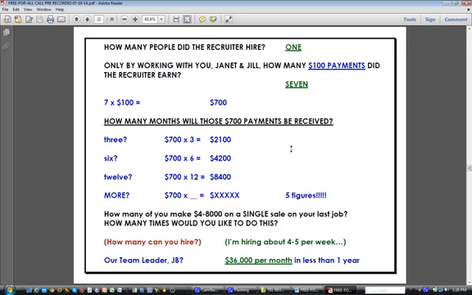Now remember, this was all based on me hiring one. I can prove to you that I am currently on a pace where I am hiring 4 to 5 people every week. And our team leader, JB, this is the only time we get pie in the sky in these calls. Our team leader, JB, $36,000 a month. And actually, guess what?